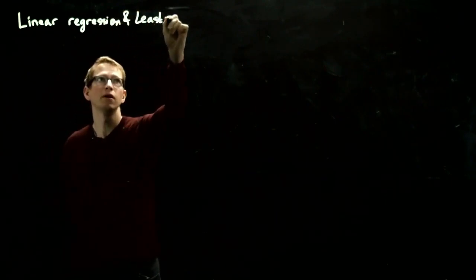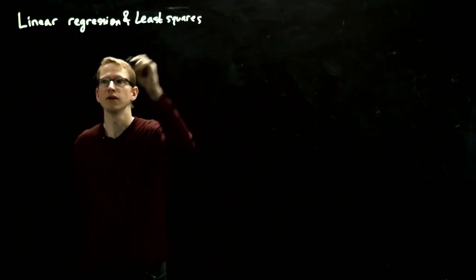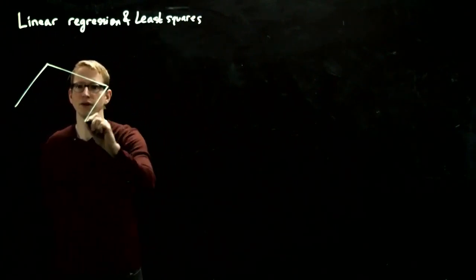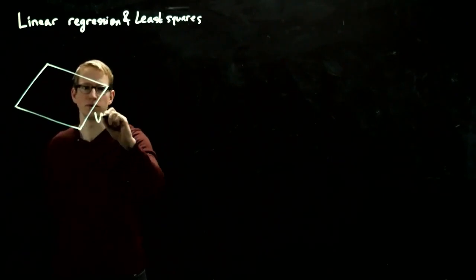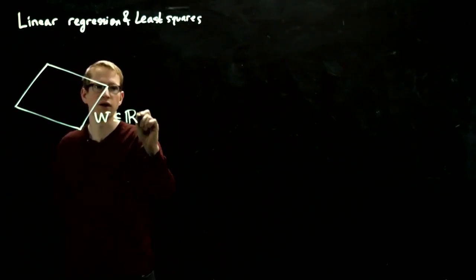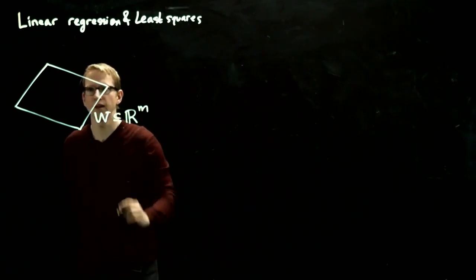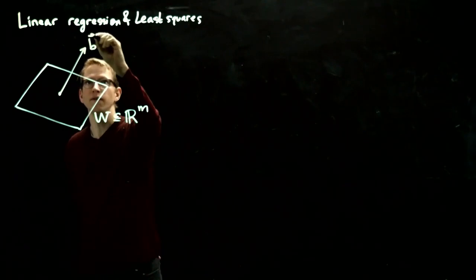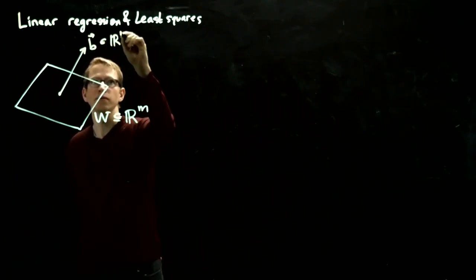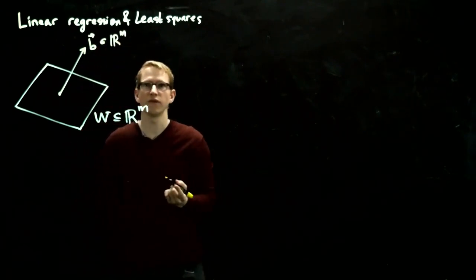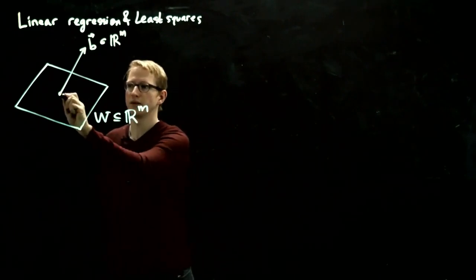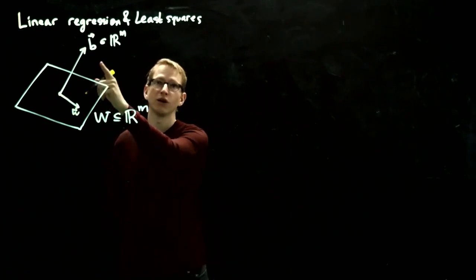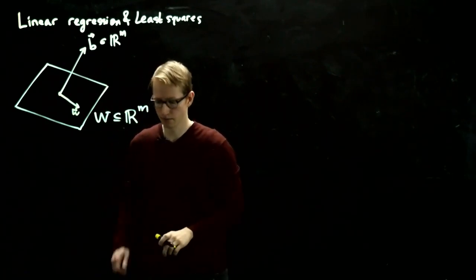And the problem that we'll be solving is, first in the most abstract setting, if you're given a subspace W of R^m and a vector, let's call it B, also in R^m, the question that we want to solve is, which vector w in this subspace W is closest to the vector B?